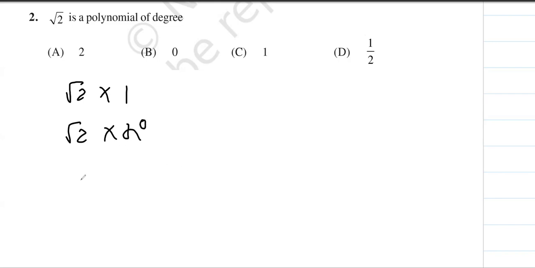As you know, any number raised to the power 0 is 1. So this is actually a constant polynomial, and a constant polynomial has degree 0, right? Since the power of x is 0 here, we say that the degree of a constant polynomial is 0. Therefore, we can say that the correct option here is B.